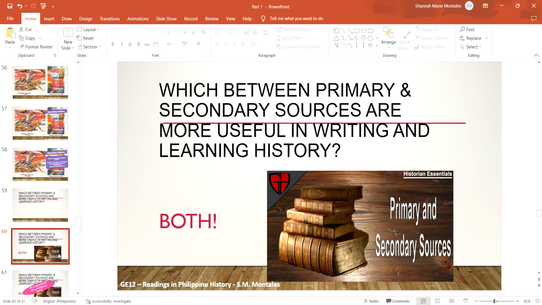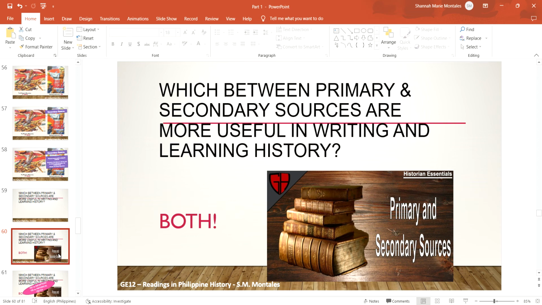So it doesn't necessarily follow that since primary sources are from people who had direct connection and direct experiences with a particular event, you will give them more importance in terms of studying, writing, or learning history.